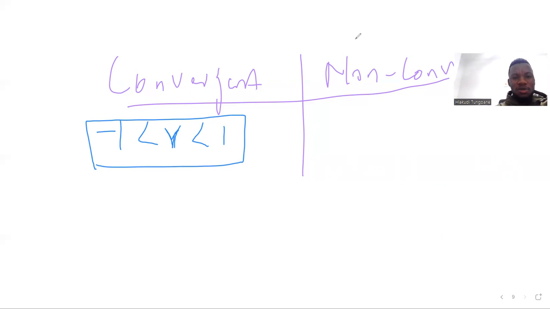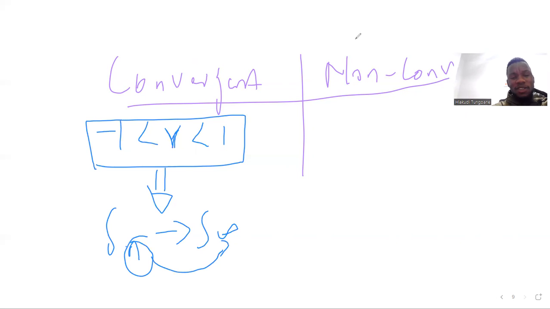What does that mean? It means that Sn tends to S infinity. In other words, as your n increases, as you sum more terms, Sn tends to S infinity.